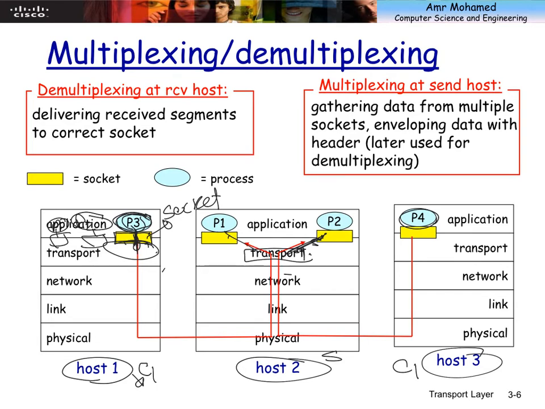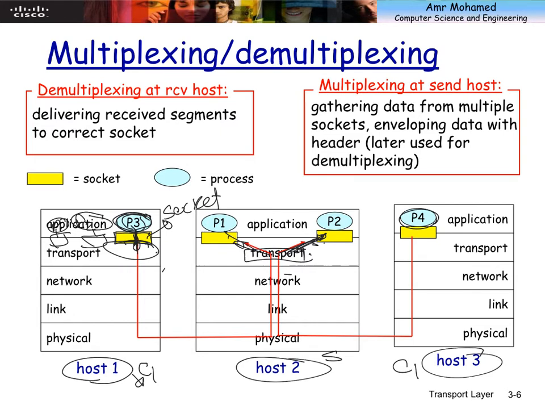Based on the port number, I will demultiplex, or send this segment, to one socket or the other. Once you put it on this socket, the application will then pick it up and start processing the data. Okay? So it's very important to know the demultiplexing happens through the port number. The port number is the main identifier for a certain application endpoint.